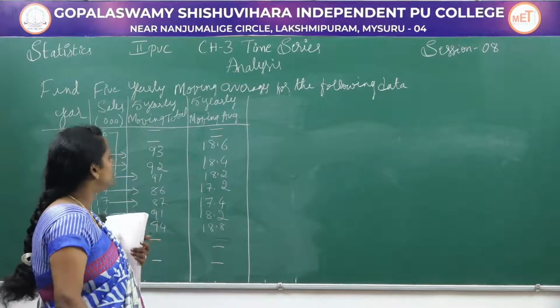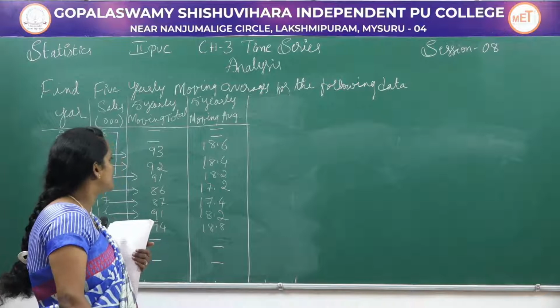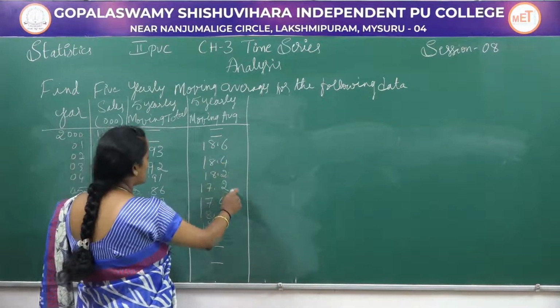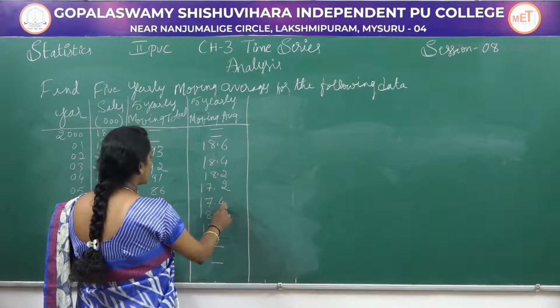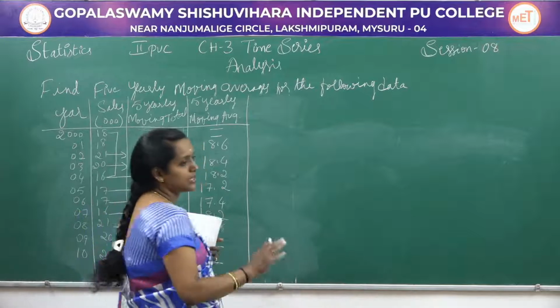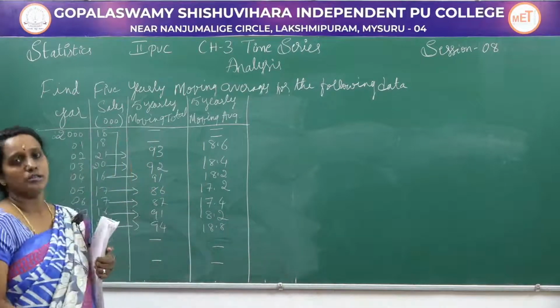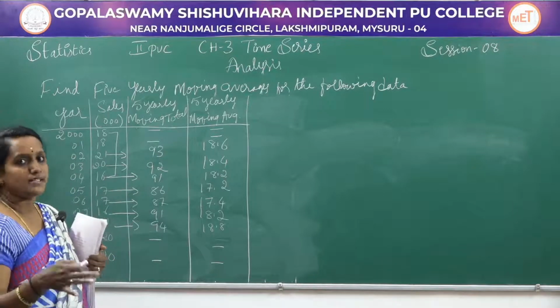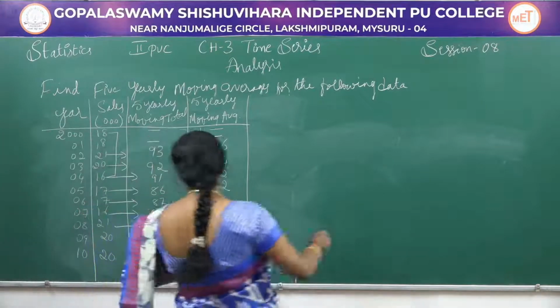Here you just observe the trend values or averages. Here it is 18.6. It is again decreasing, again it increased, again it is increasing. So here the given data is showing oscillatory trend. It is showing upward and downward, so it is an oscillatory trend.